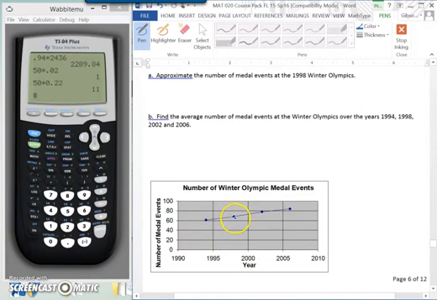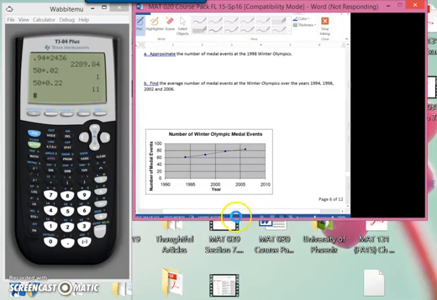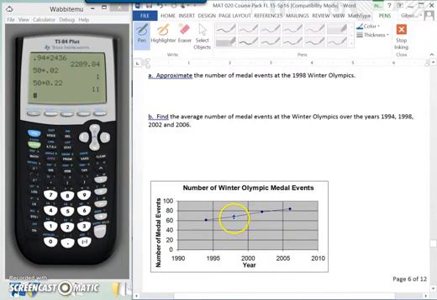So 1998 will be about here. If we look here at 1998, that's almost in the middle of 60 and 80. So we could put down 70 or about 68. Either one is fine. So 68, 69, or 70 would be fine. So I'm just going to put 68.